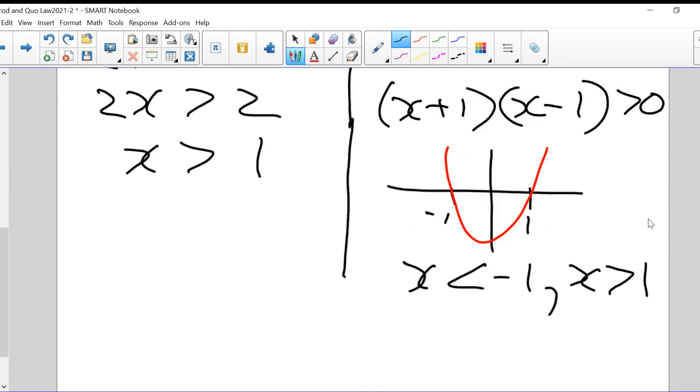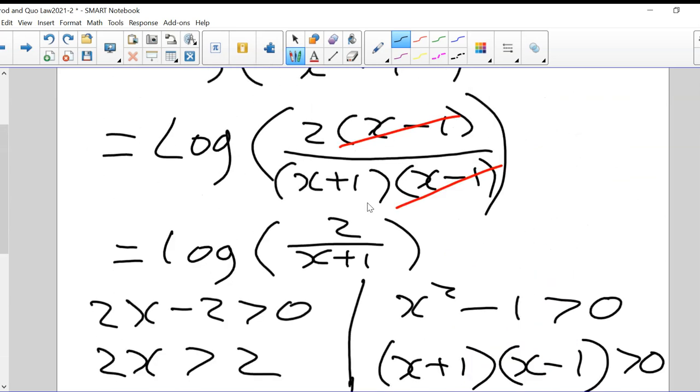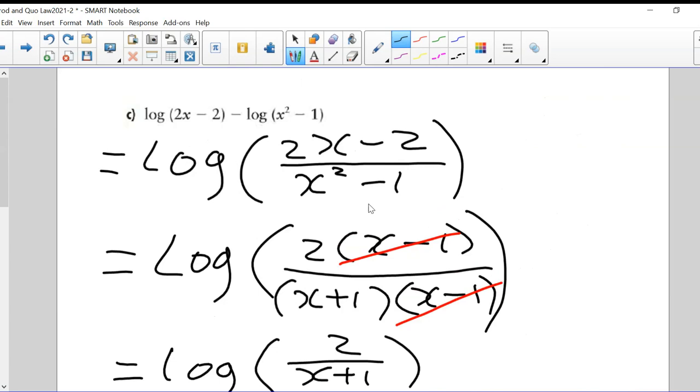Okay. Now I have to satisfy both of these. I can't just satisfy one side. I have to satisfy both sides, right? For these two sides to get along, if we want there to be harmony in math land, then I have to make sure that this thing here is positive, and this thing here is also positive.